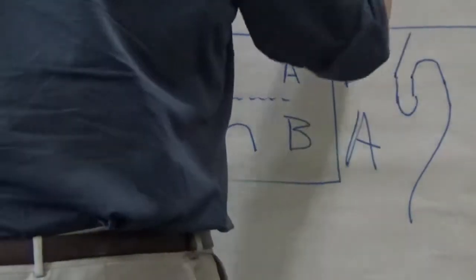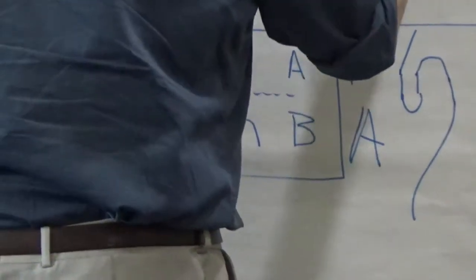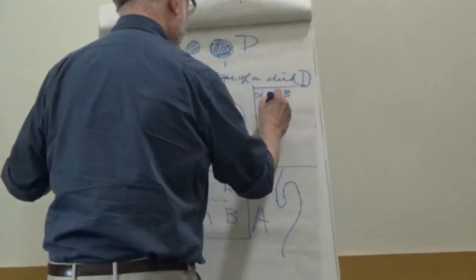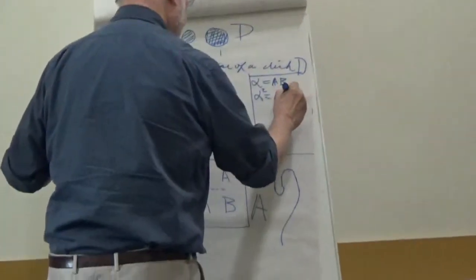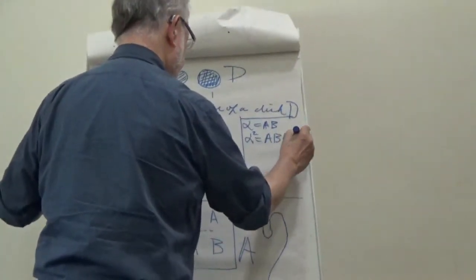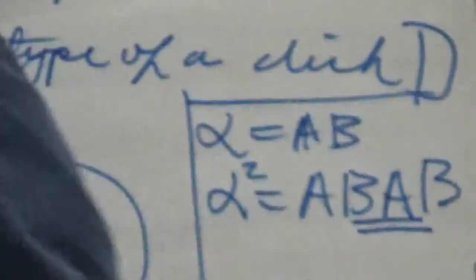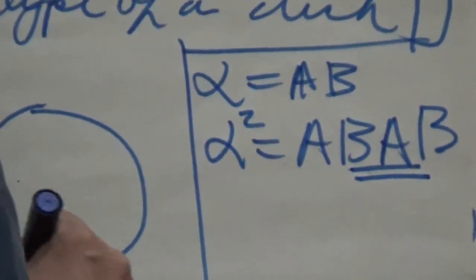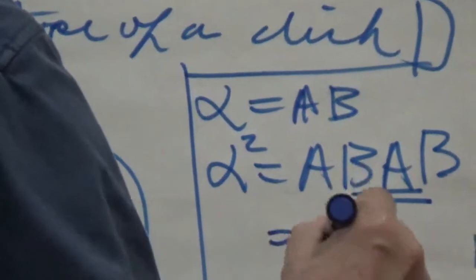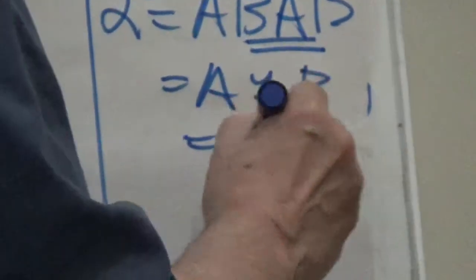And that's really what made alpha squared equal to alpha. The story can be told algebraically now. Alpha is AB, and alpha squared is ABAB, and now because of associativity, I look in the middle there and see that's just the identity, and so I get AB back, which is just alpha.